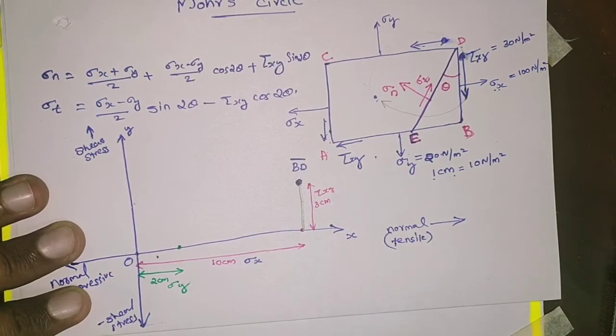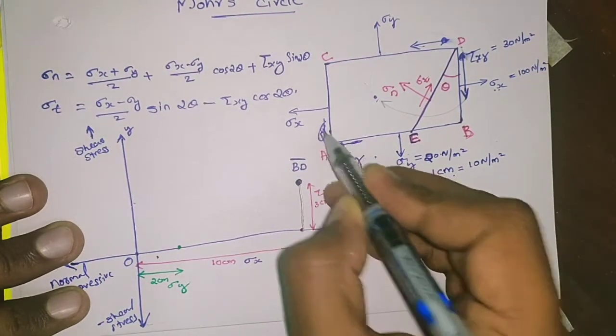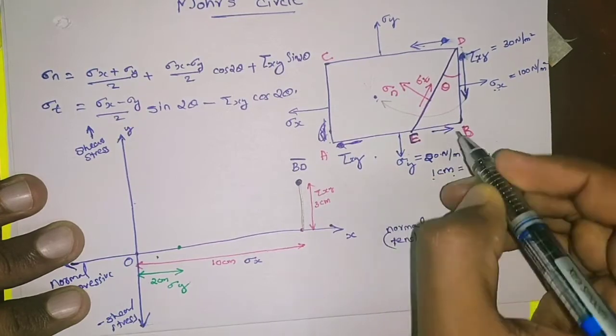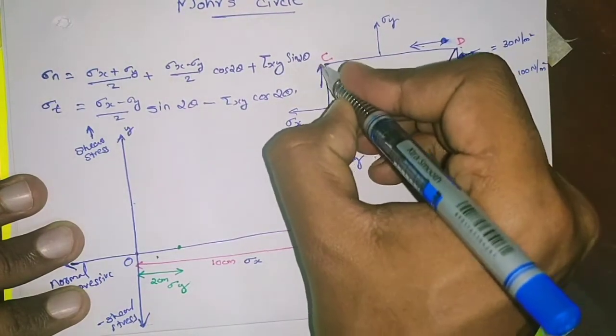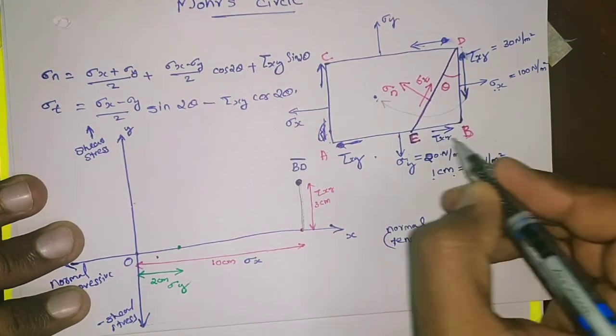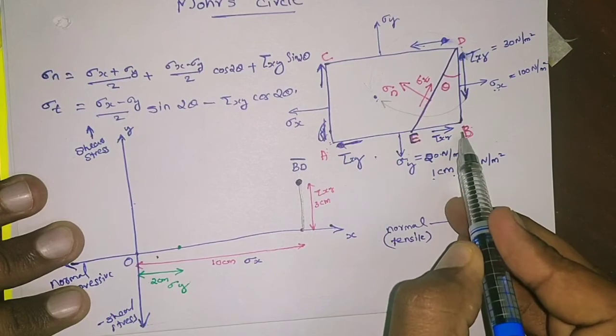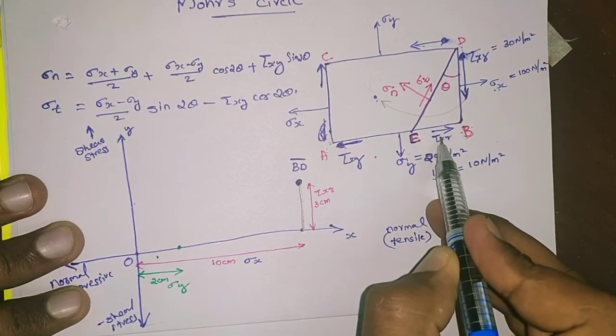And again, this is not the direction. This is the tau xy direction. The other stress acting on AB is tau xy.